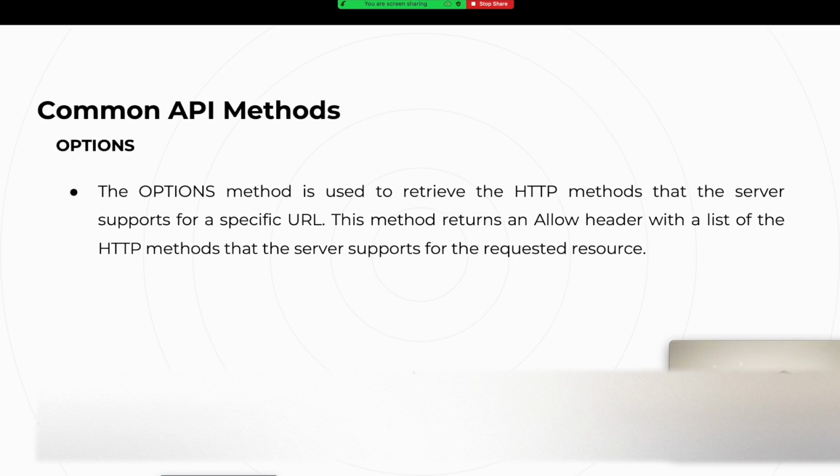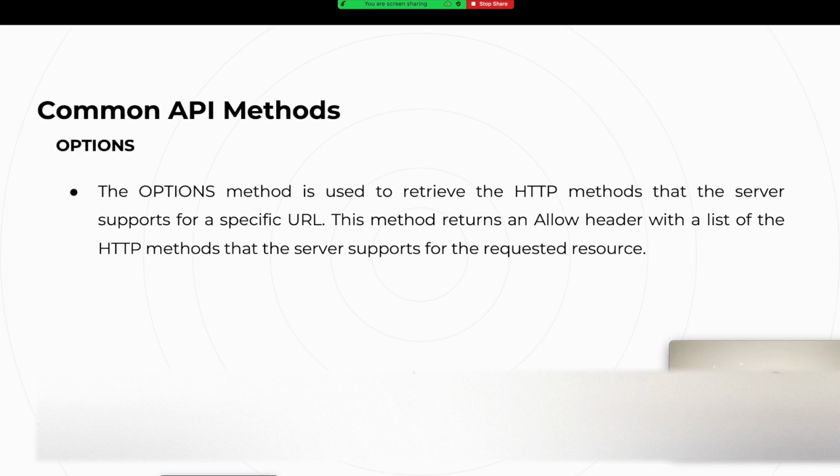What do these options do? Let me give you an example. You are talking about Michael. You know that there is some information about Michael and there are some APIs about Michael, but you don't know: can I update Michael's information? Do I have the privilege to delete Michael's information? That means you are trying to figure out what type of actions you can take on Michael's data.